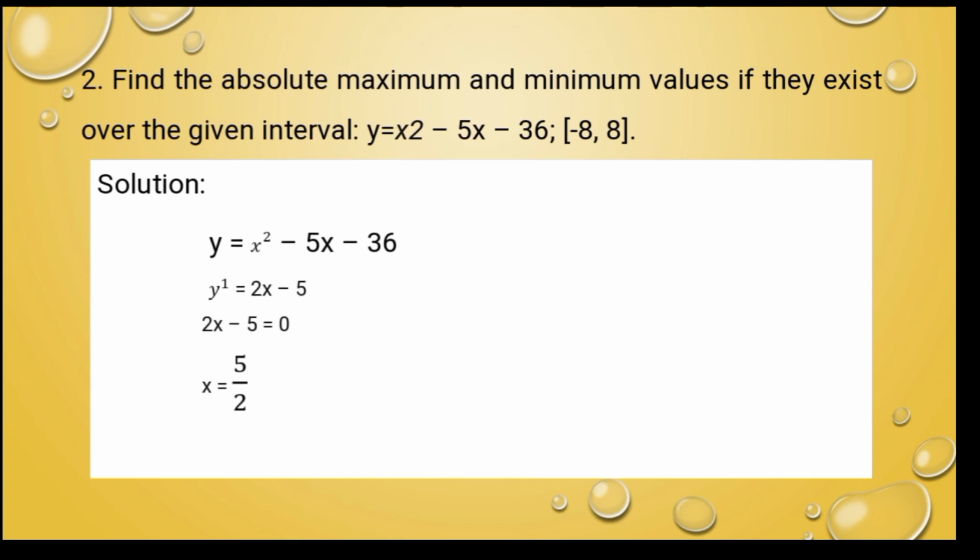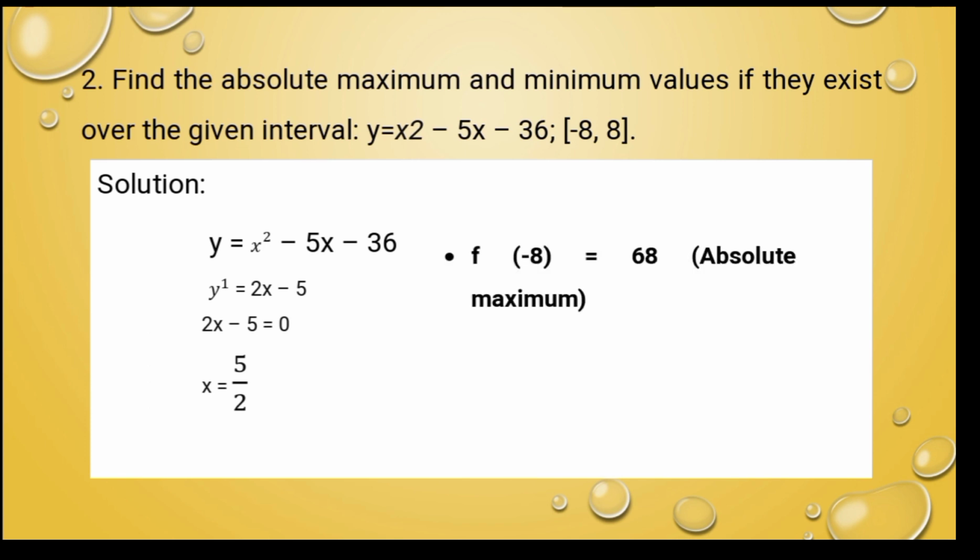So we must differentiate the equation x squared minus 5x minus 36. So we have the result 2x minus 5. Then equate to 0. So we have 2x minus 5 is equal to 0. Then divide by 2 to get the x value, or the critical number. So we have x is equal to 5 over 2.